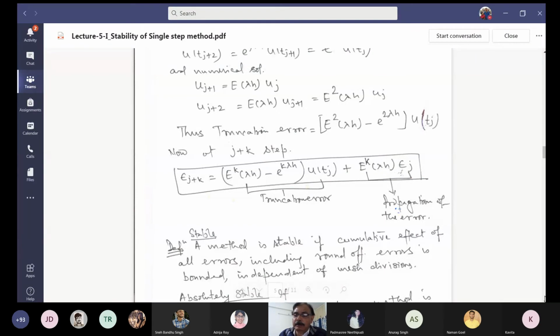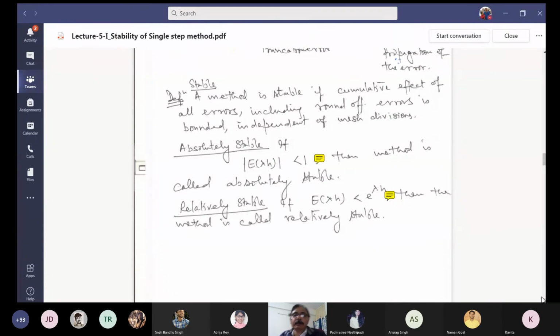Now at this stage, we can define certain things. A method is stable if the cumulative effect of all the errors, which includes the round off error that is not in your control and depends on which machine you are working on, and then your local truncation errors, all the errors, is bounded independent of mesh division.